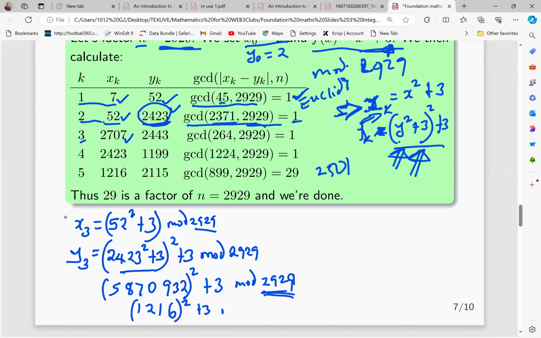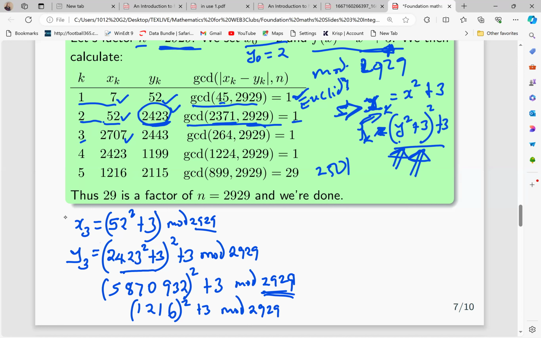Then again reduce by the mod. So what happens when I square it? I get 1,478,656. Let me add 3 to it. What I've gotten is 1,478,659.